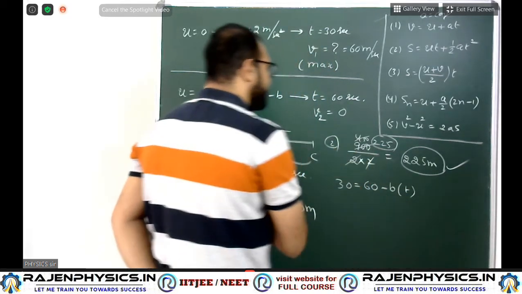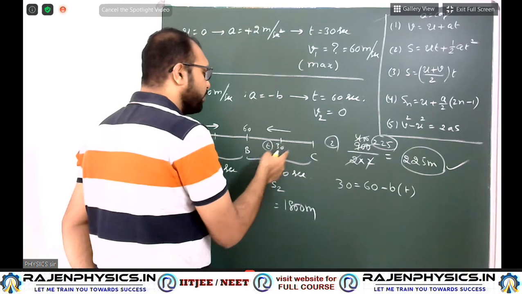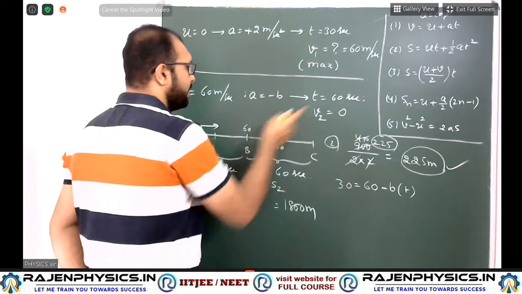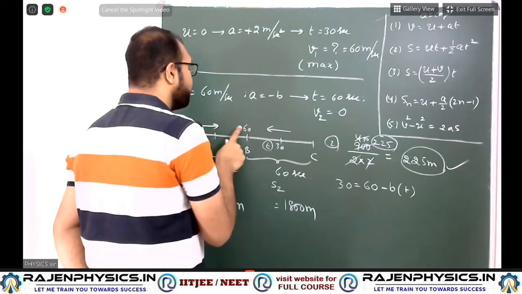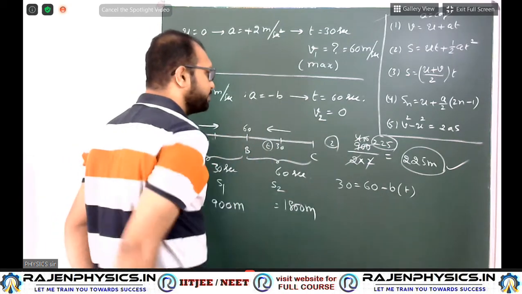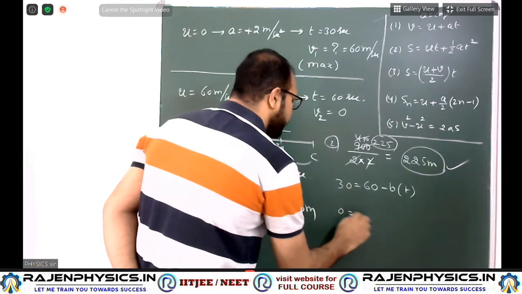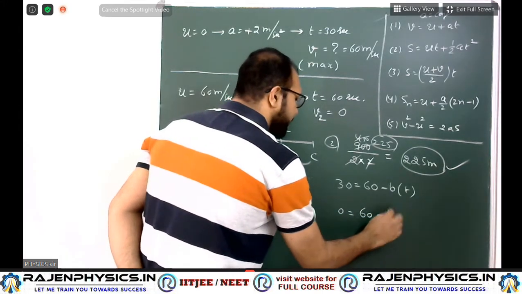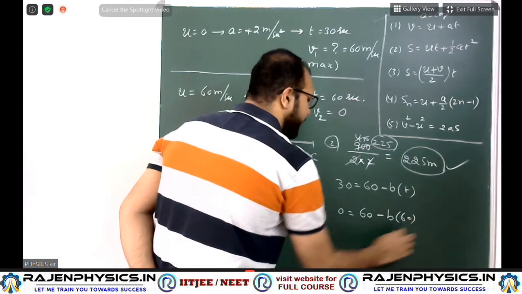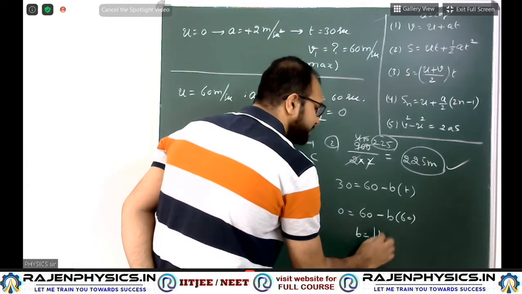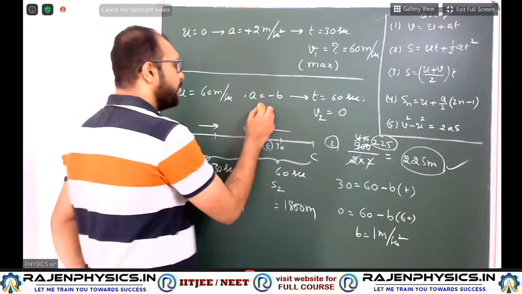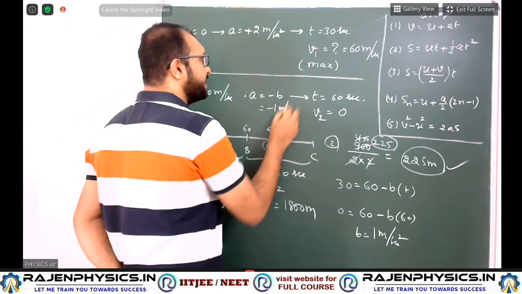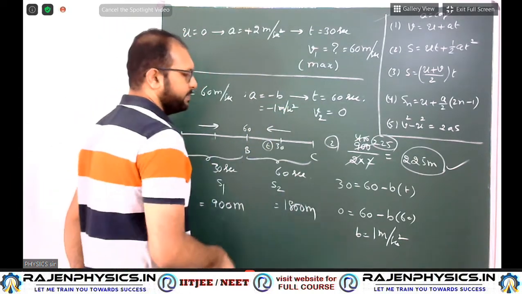But before that, b we can easily calculate. In a time of 60 seconds, velocity changed from 60 to 0. So 0 equals 60 minus b into 60. Therefore, students, b is nothing but 1 meter per second square. So acceleration is minus 1 meter per second square.